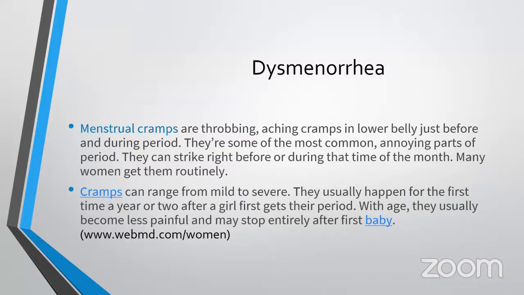So what doctors say, it will stop entirely after the delivery of the first baby. This dysmenorrhea, if it is present in young girls, after their delivery of the first baby, it may entirely stop.